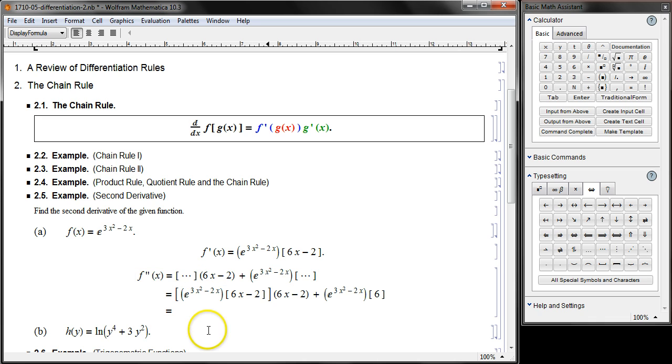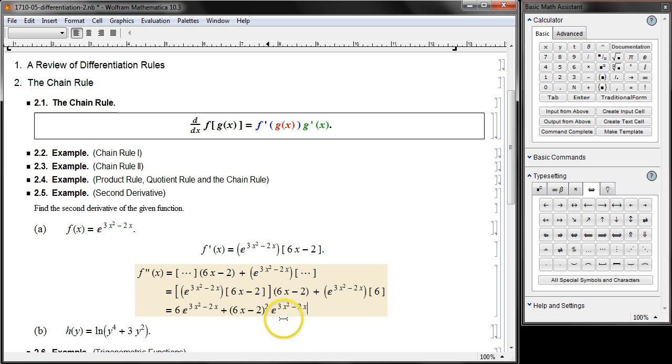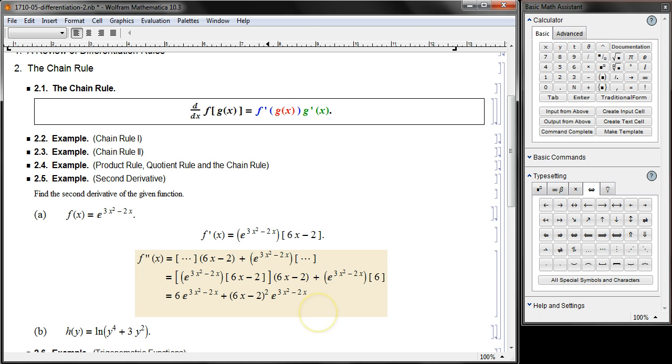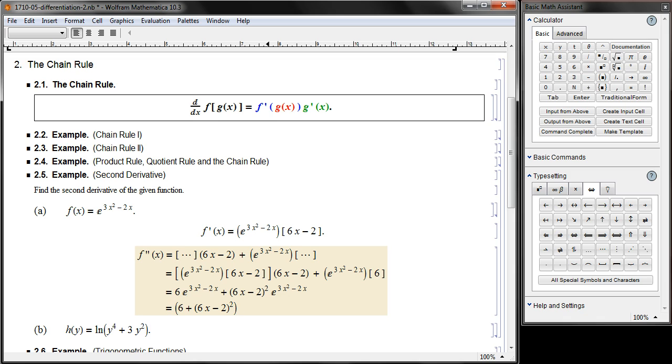We have 6, and then the exponential, plus 6x minus 2 squared times the exponential, or even further, you get 6 plus 6x minus 2 squared times the exponential if you factor those out.